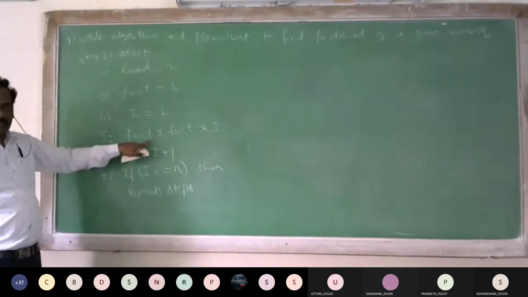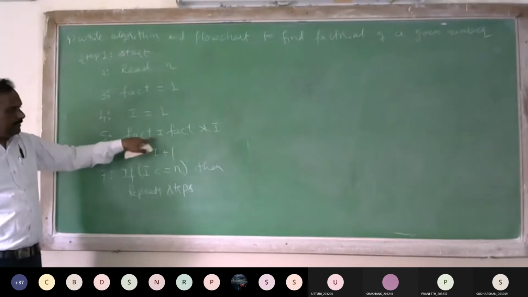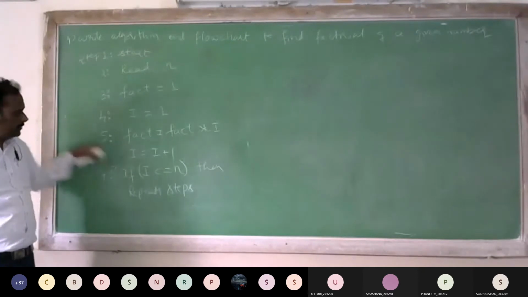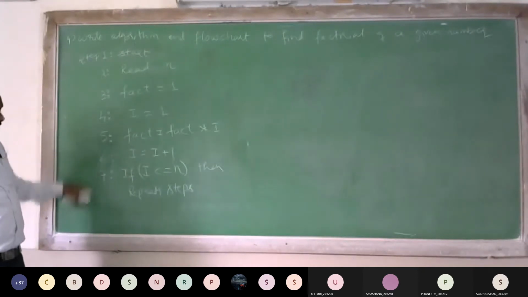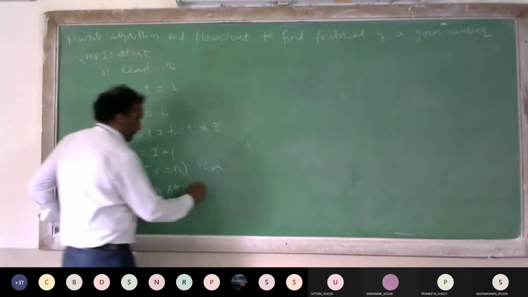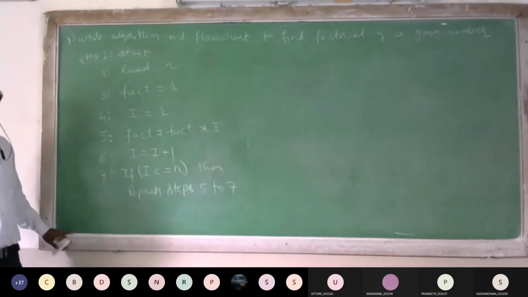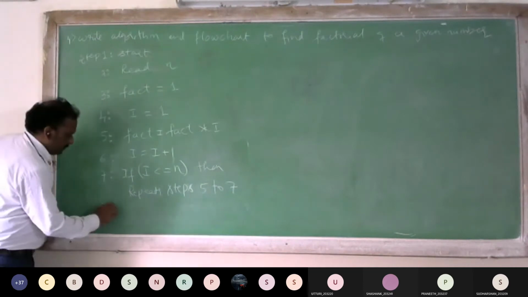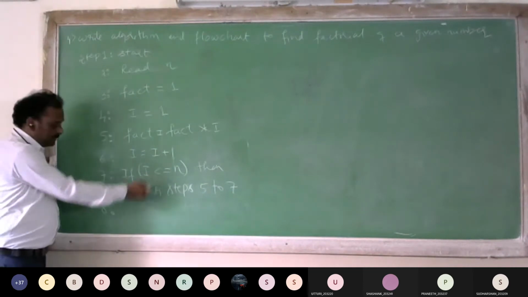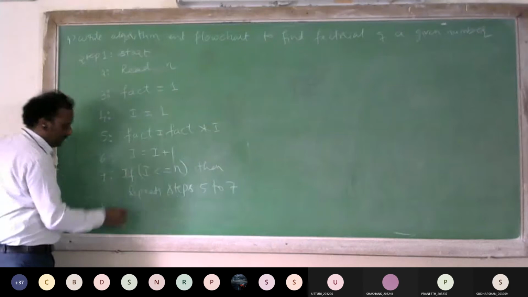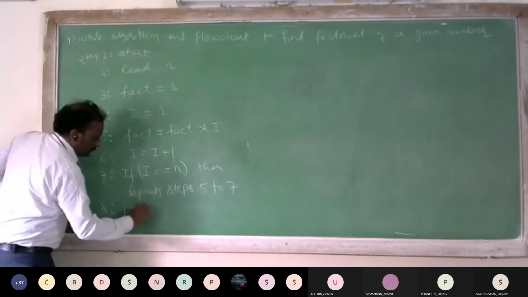Next number I got, then find the fact. Next number, calculate the factorial. These two statements, repeat the step from where to where? From 5 to 7. When this condition is false, then by that time our factorial is containing the expected output.